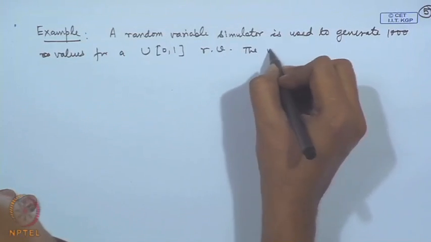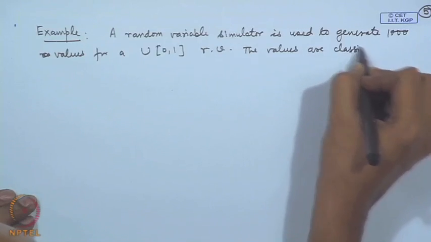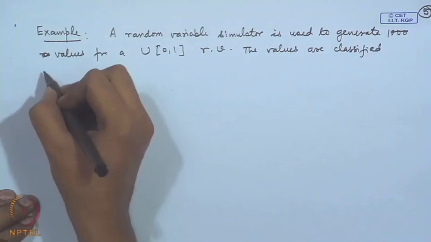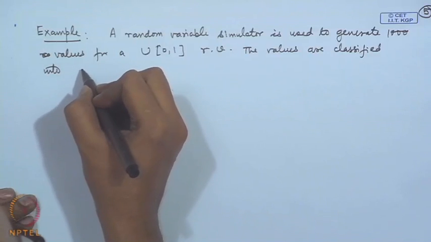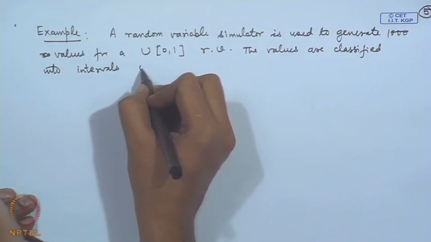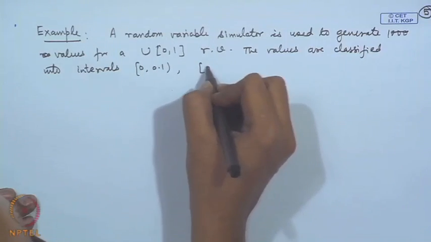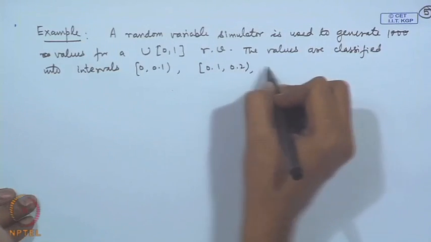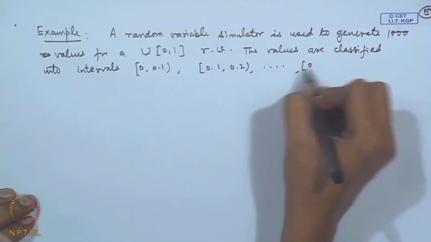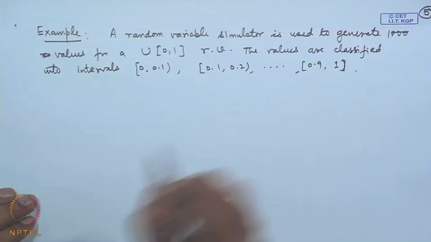The values are classified into intervals like 0 to 0.1, 0.1 to 0.2 and so on, 0.9 to 1.